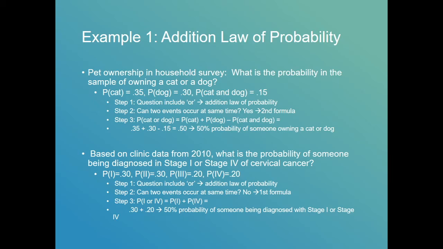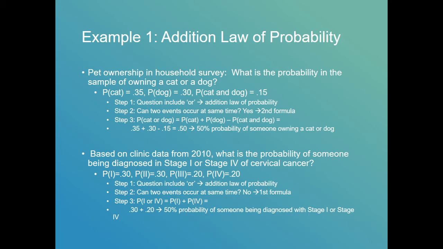So since the question includes or, we want to use the addition law of probability. And then the next step would be asking ourselves, can these two events happen at the same time? Well, yes, you can own both a cat and a dog at the same time. So we want to use that second formula from the previous slide. The third step then is actually filling in this formula.